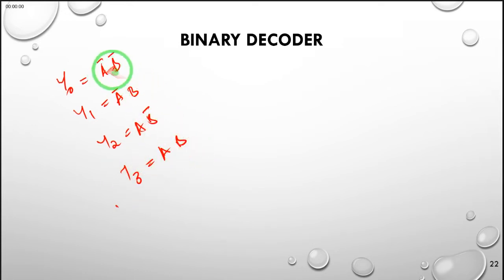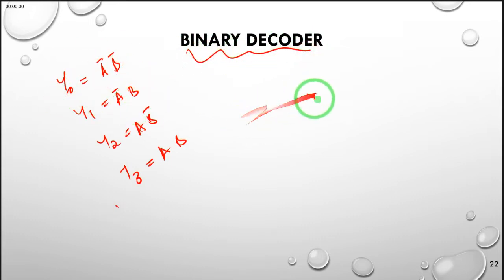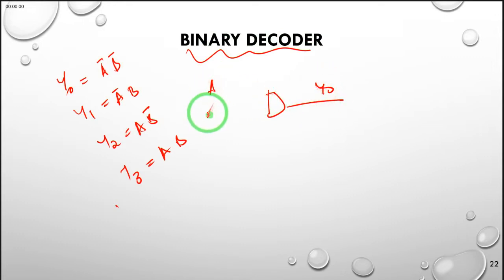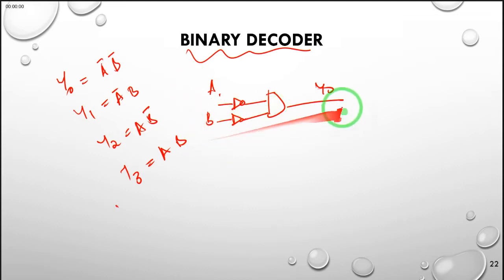Then we can implement this binary decoder using gates, such that Y0 is a combination of A and B, in which A is inverted and B is inverted, and this becomes one output of a binary decoder, which is Y0.